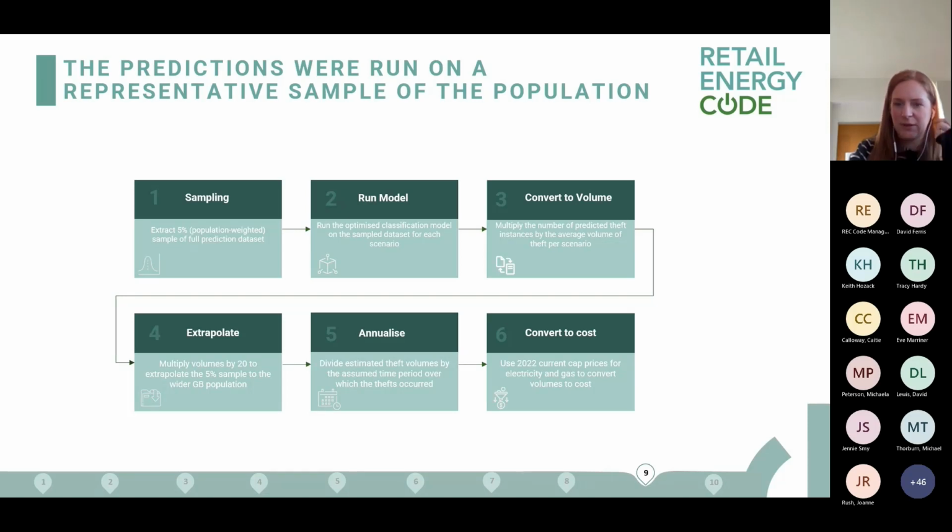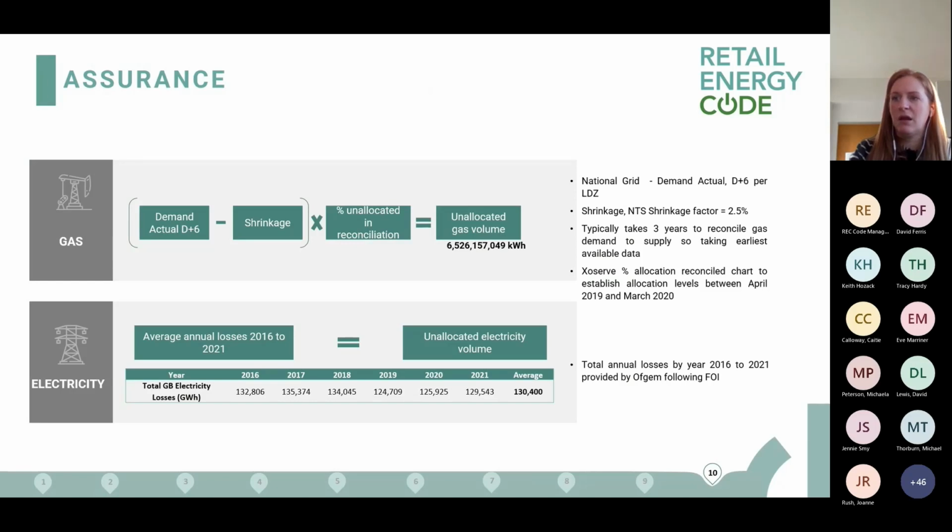If you go to the next slide, please. As I mentioned before, here is a bit more detail on the assurance. We wanted to test whether our outputs sit within a valid range. For gas, we took the National Grid demand minus shrinkage, and used the unallocated gas reconciliation proportion to come up with how much unallocated gas there is within a year.